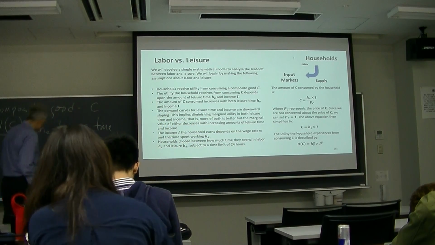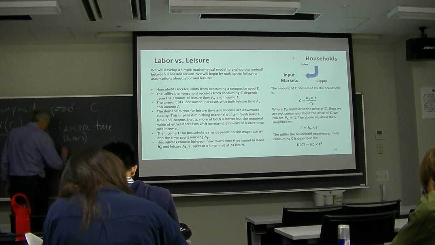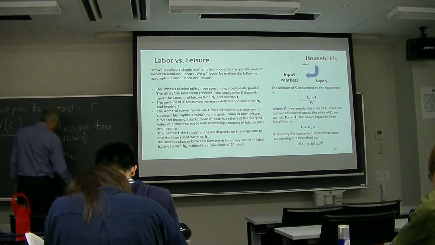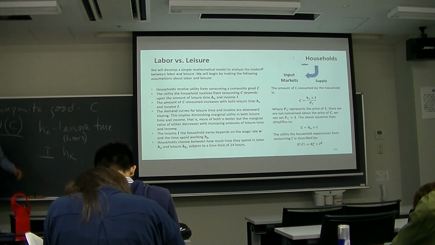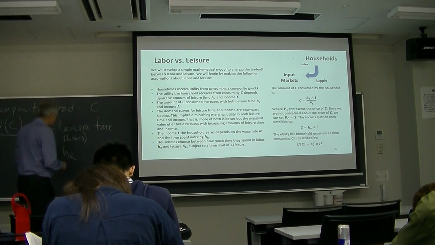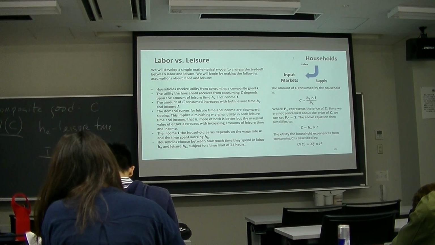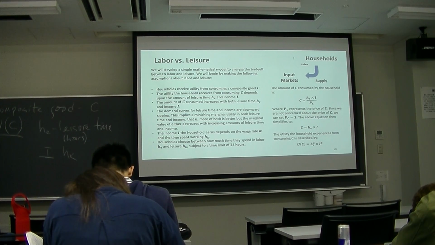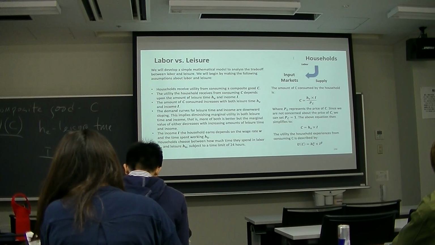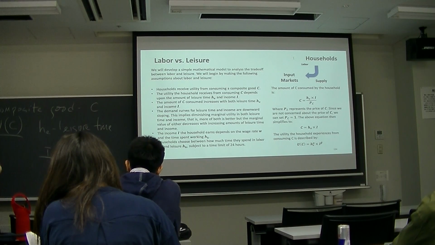The time spent working is also H, but it's H_K, K for work. And there's a time constraint, a very simple one. How many hours in a day? 24. H_E, which is leisure, plus the time spent working, H_K, equals 24.